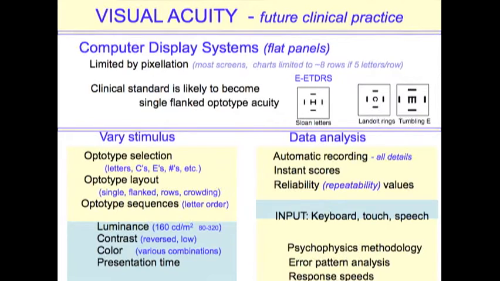And what's going to happen with visual acuity in the future? We're going to go towards computerized displays. You need 5 megapixels to get an ETDRS chart that is 20 rows with good resolution down at the small print onto a video screen, and that's at the moment a bit exorbitant in the price.